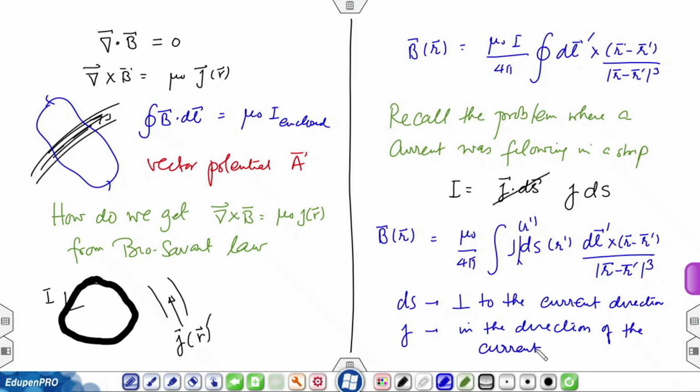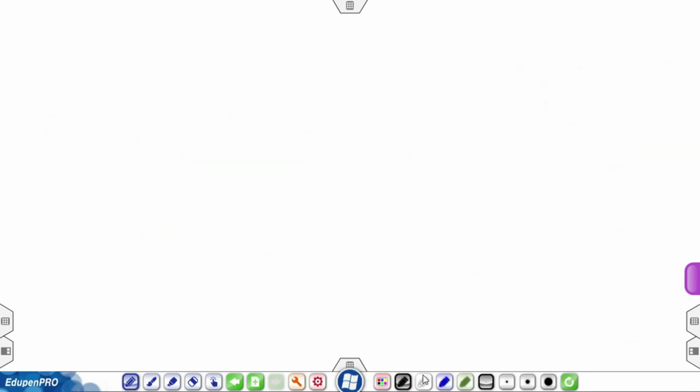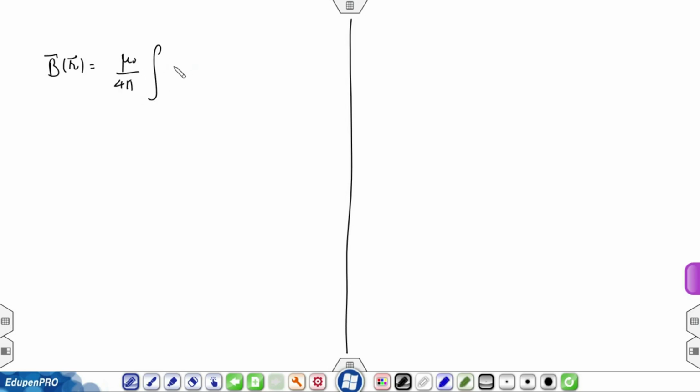So, let us write this again. I am writing B at r as equal to mu naught over 4 pi integration j at that r prime ds at r prime dl prime cross r minus r prime over r minus r prime cubed.